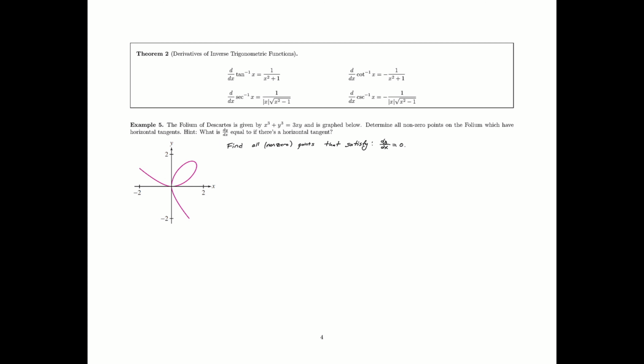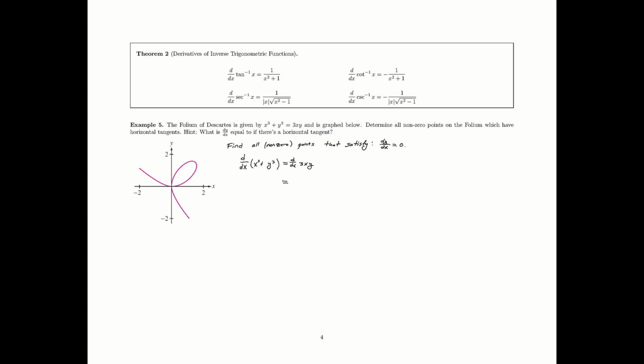Okay, so we have a roadmap for our solution. First, we're going to find dy/dx by taking our equation and differentiating with respect to x on each side. So let's go ahead and do that.